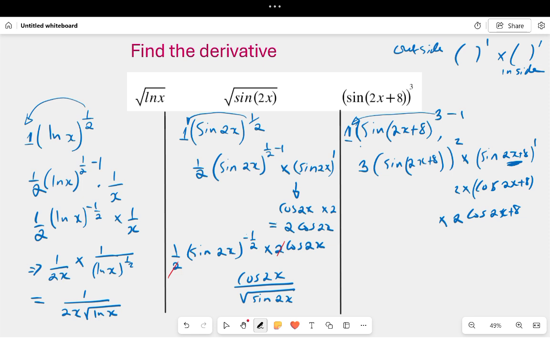The sine is squared, so it's going to be equal to 3 sine squared 2x plus 8.